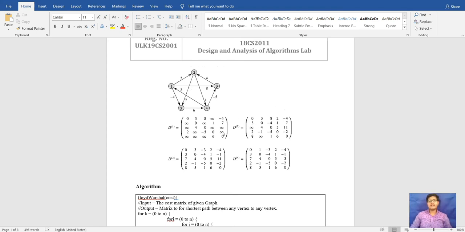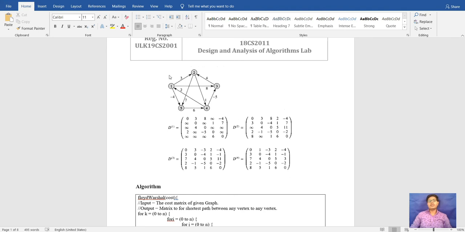And when we go from 2 to 1, it will go from this side, and 2 to 2 will be 0.